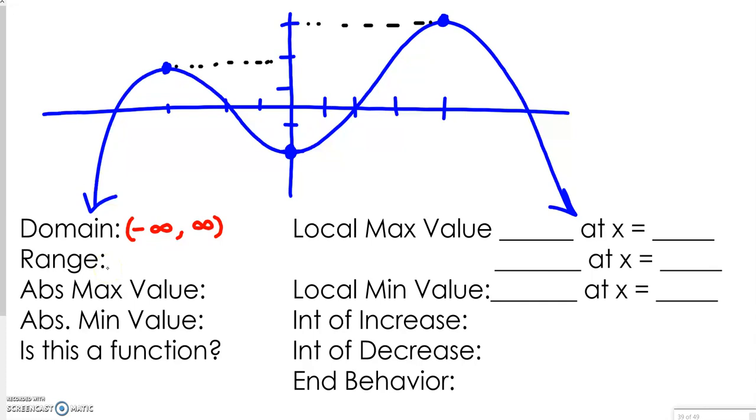Now the next thing we're going to look at is the range, and I'm thinking about y values now. I'm thinking of the lowest possible y value over this entire graph, and it goes down forever. So it's the smallest value of y. Well, there isn't one. Well, that's a low value of y here. It's only in a small area.